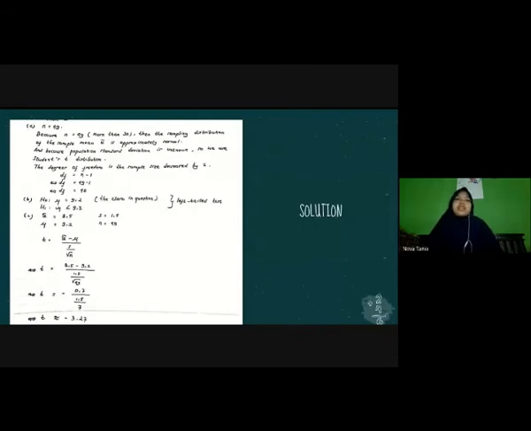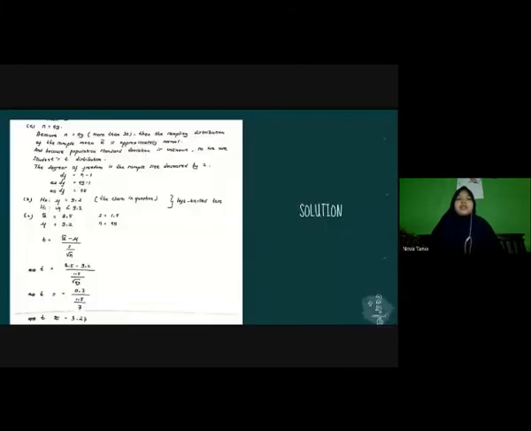Then we use the t formula and include the numbers, so we get t is equal to 8.5 minus 9.2 over 1.5 over the square root of 49. So we get t approximately minus 3.27.